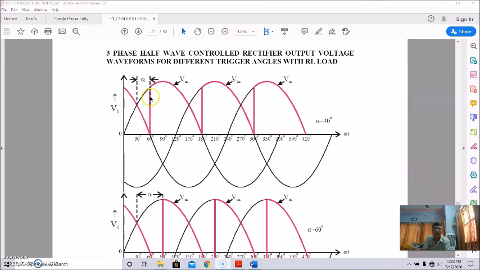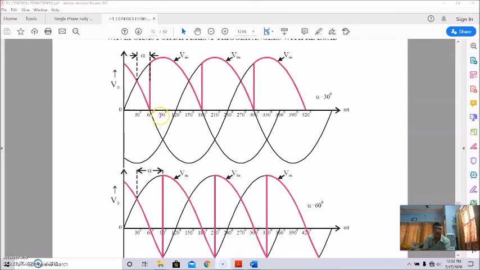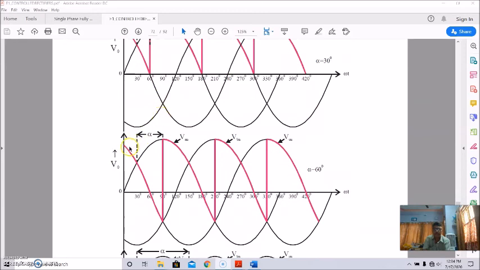So this is for 60 degree alpha, and for 30 degree, this is 30 degree. This is VN in A phase. This is for another alpha, and this is possible for 30 to 60 degree.